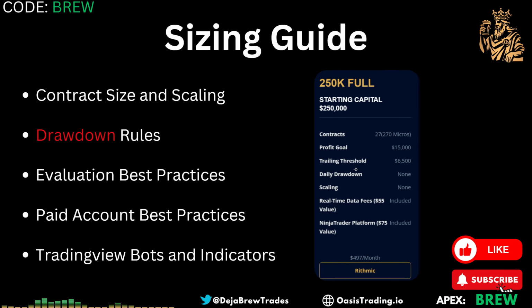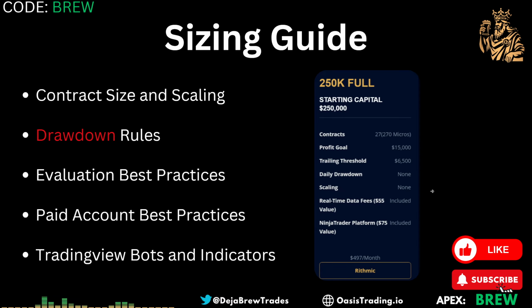On the 250K account, you're looking for a 15,000 profit goal, and your trailing drawdown is 6,500. On the 50K account, you're looking for a 3,000 profit goal with a 2,500 drawdown. So they're about a 1-to-1, a little bit worse than a 1-to-1 on the 50K, but that drawdown is pretty close for most people, especially with our current market volatility.